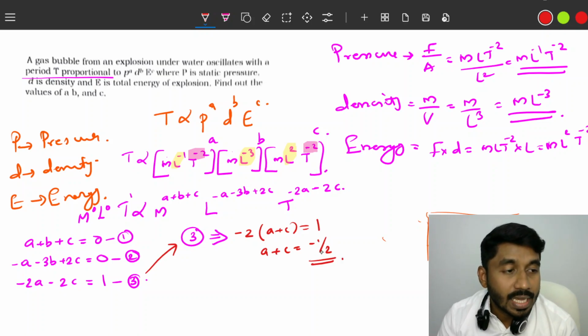So we can just substitute A plus C equal to minus 1 by 2 in the first equation.